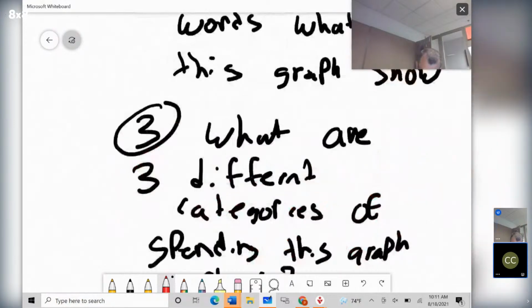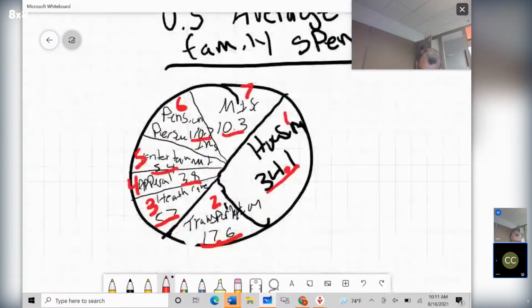Okay, so you could go up here, and I think one thing, I don't know if all of you knew this or not, maybe you did, but that housing is 34%. So we spend about 1/3 of our money on housing, yearly, monthly, whatever it is. That could be a fact. Another fact is, we spend 17.6%. That's about 1/5 of our money on transportation.